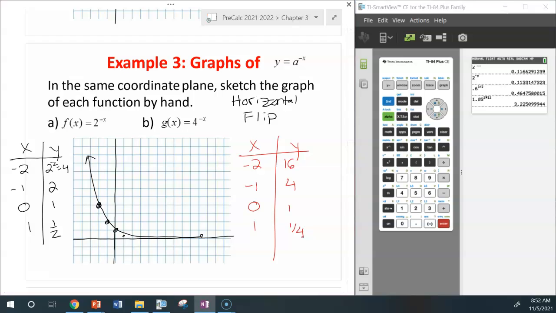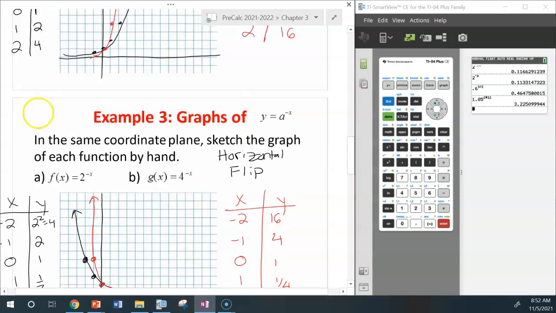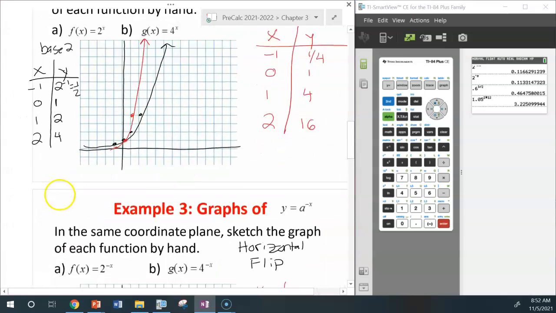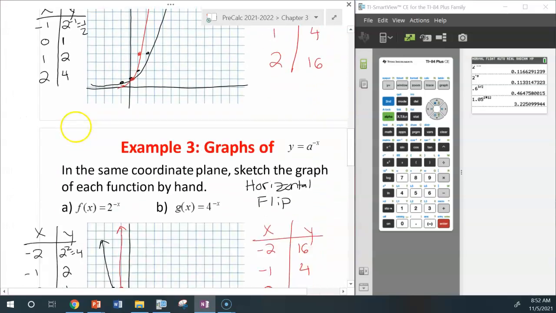But I can do -1 and 4. I can do 0, 1. And I can try to squeeze in my 1/4 about there. So here's what this graph looks like. Oops. We don't want to go below 0. Let's try again. There we go. Something like that. And now if you compare to the original ones, we do indeed have a horizontal flip.